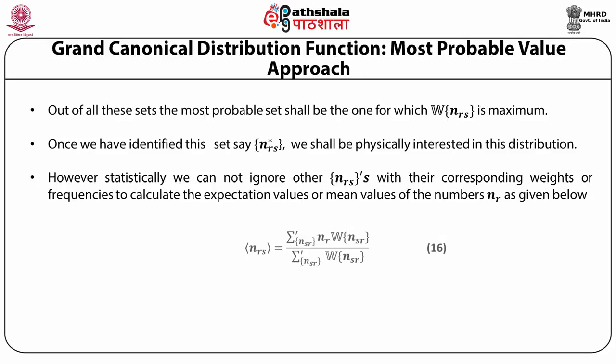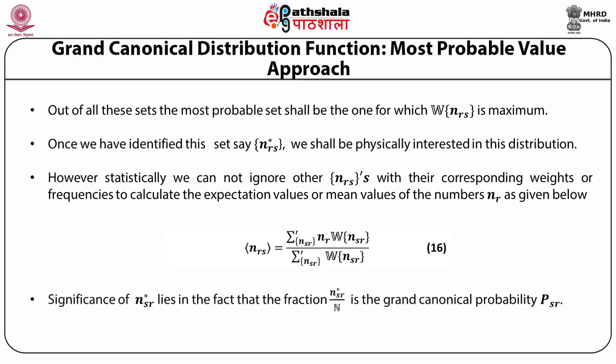That is, the mean value of N_SR is equal to summation over N_SR dash of N_R multiplied by W of N_SR, divided by summation over N_SR dash of W of N_SR. The significance of N star SR lies in the fact that the fraction N star SR divided by the total number of identical systems in the ensemble is the grand canonical probability P_SR.